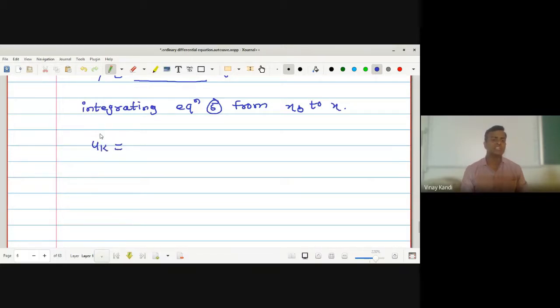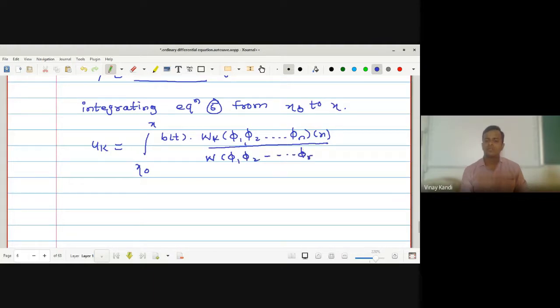After integration, uk becomes the integral from x naught to x of b of t, with the variable changed to t: Rho skin of wk of phi 1 phi 2 up to so on phi n of x upon Rho skin of w phi 1 phi 2 up to so on phi n of x, into dt. So this is the uk.